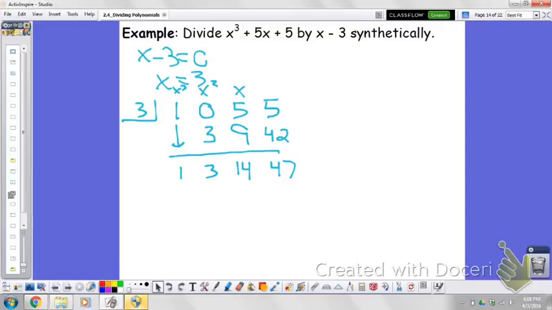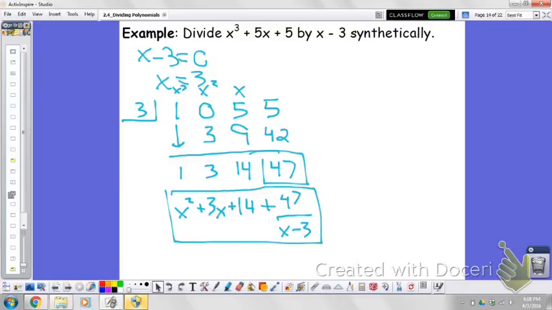So I will use these as my coefficients, starting with x squared. So I have x squared plus 3x plus 14, and then remainder of 47 over my original divisor, x minus 3, as my solution.